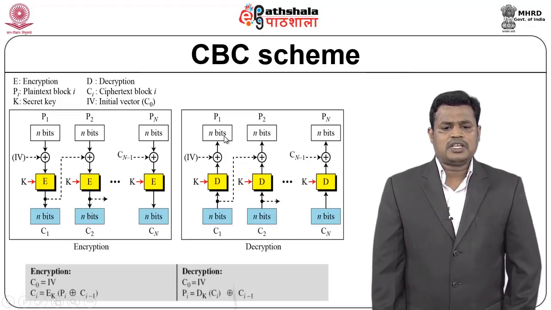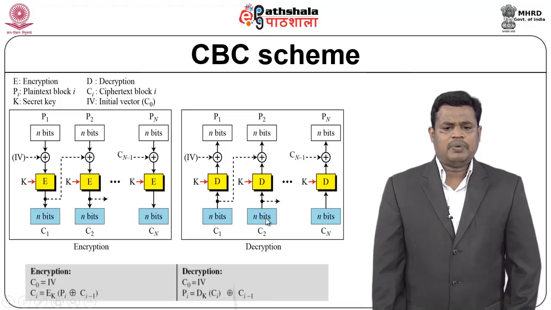The same process is reversed in the case of decryption, where I take C1 and the initial vector, that is C0 equal to IV. This is given as input to the next block in the decryption process.